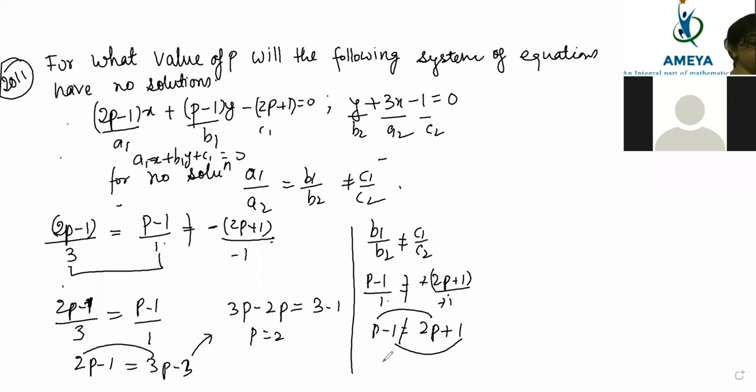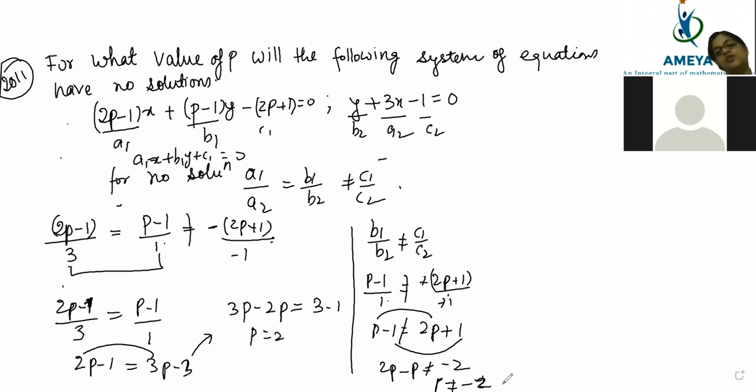We can take any of the values. So P minus 1 by 1 is not equal to minus minus. Here it is coming as 2P minus P is equal to minus 2, not equal to. So P should not be equal to minus 2.